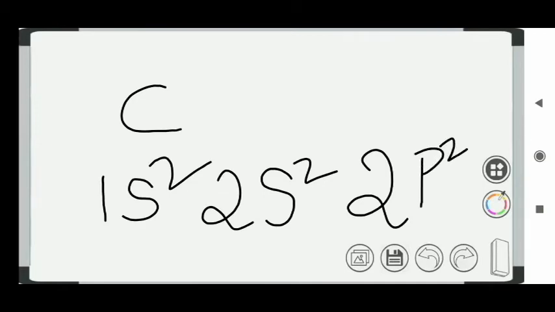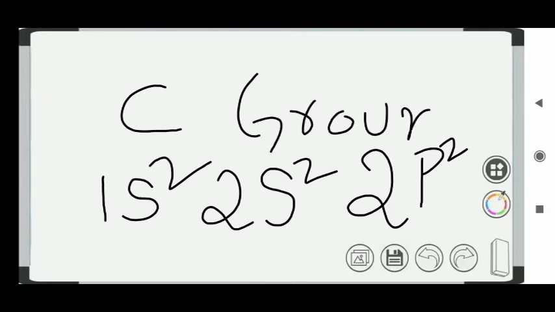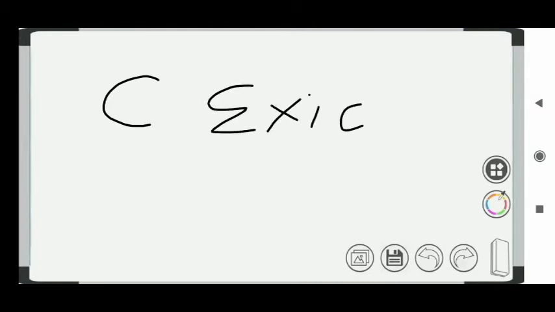So this is about the ground state electronic configuration of the carbon atom. Then now we are going to see the excited state configuration here.